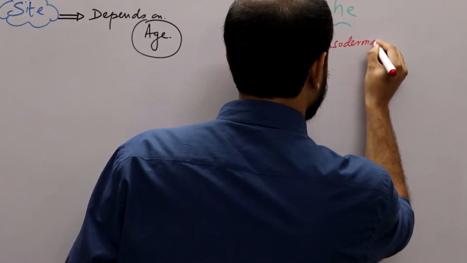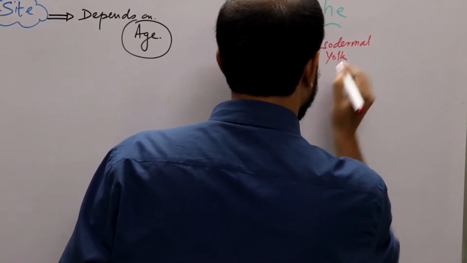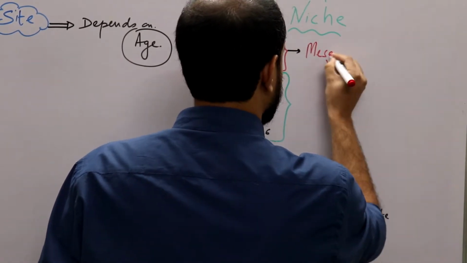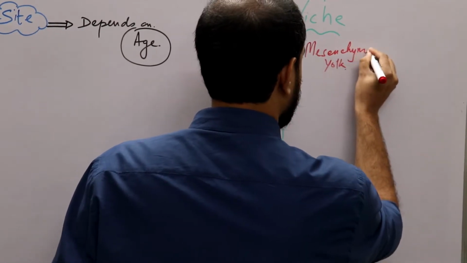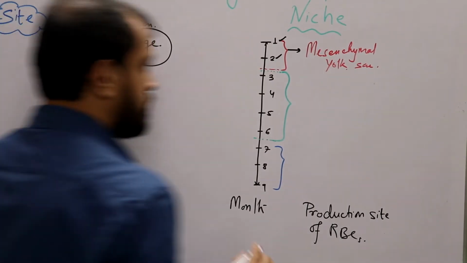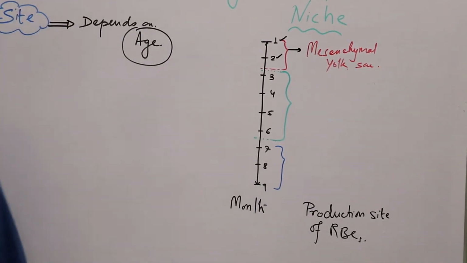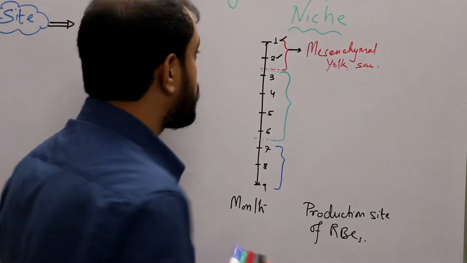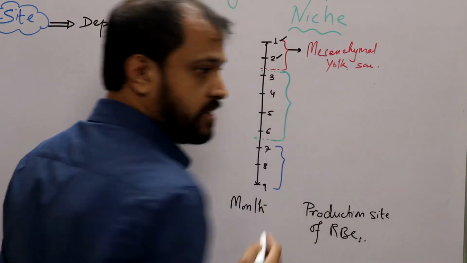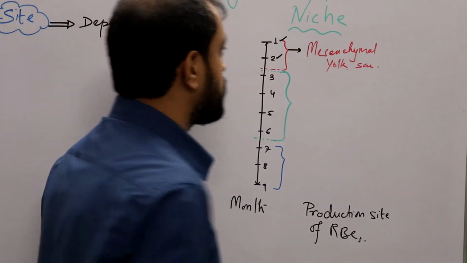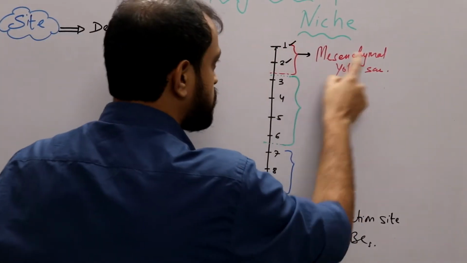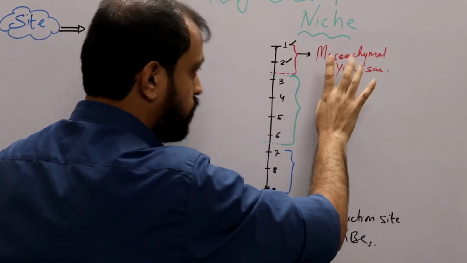You should always understand that in the first month, RBCs are produced from the mesenchymal yolk sac. In the first 2 months, the RBCs are produced from the mesenchymal yolk sac.